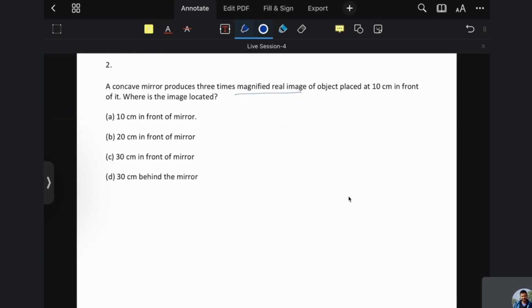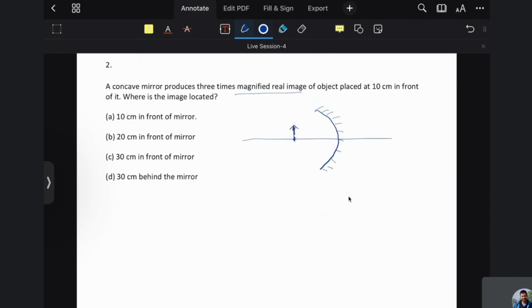So there is a concave mirror, and there is an object located at 10 centimeter in front of it.